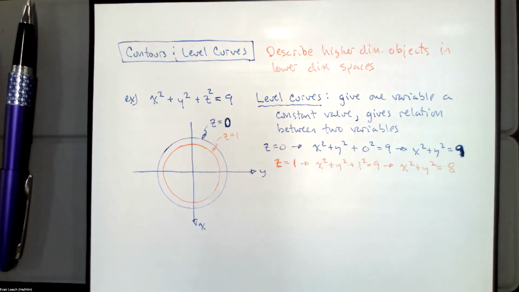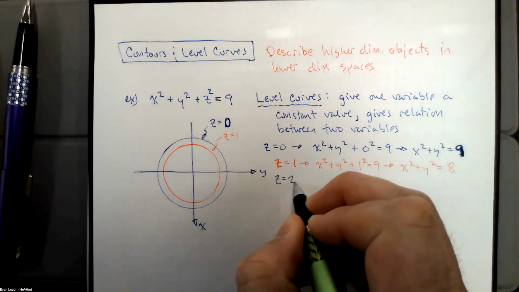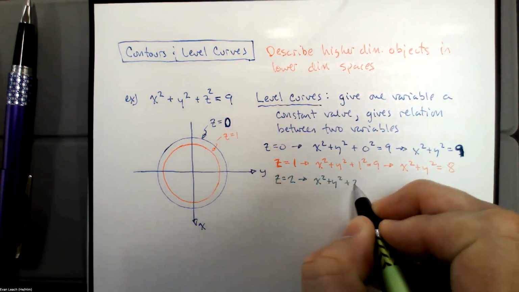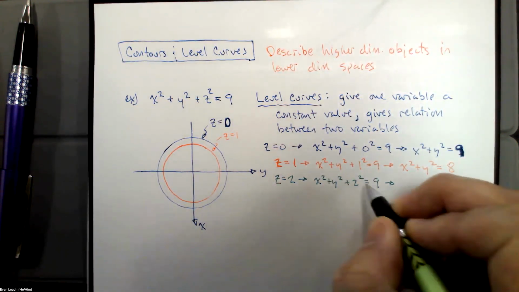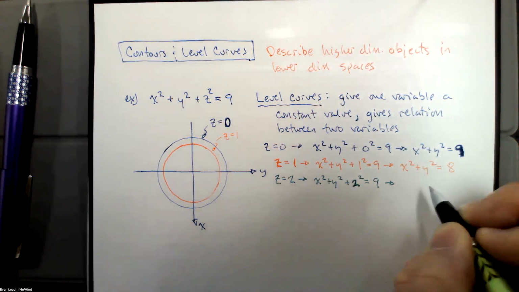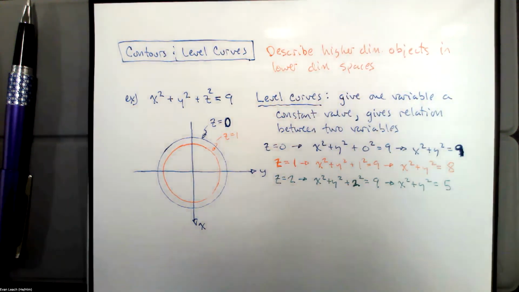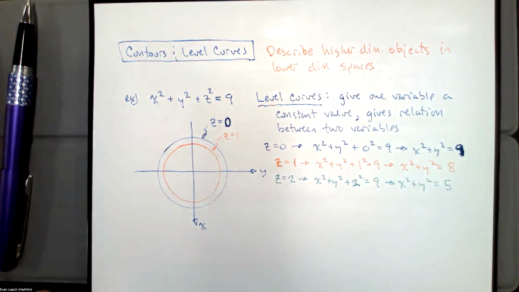And then we just look at another value of z. So I have a circle of radius 5.